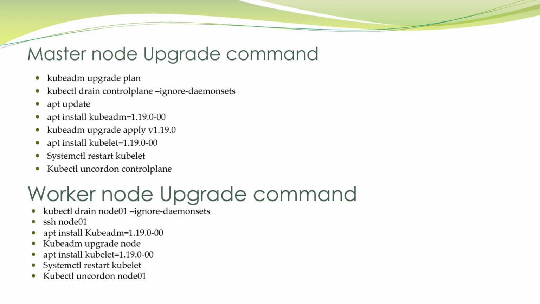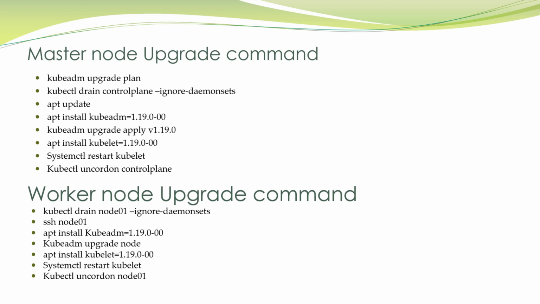For the worker node also, you have to drain it, then SSH into the worker node, and after that install kubeadm, upgrade the node. After that, install the kubelet of that particular version, restart the kubelet, and then uncordon that particular node.